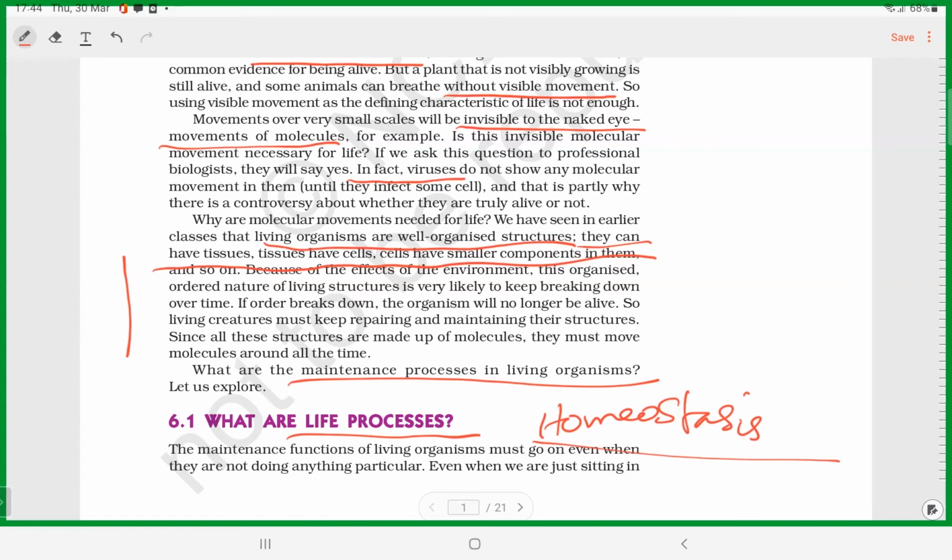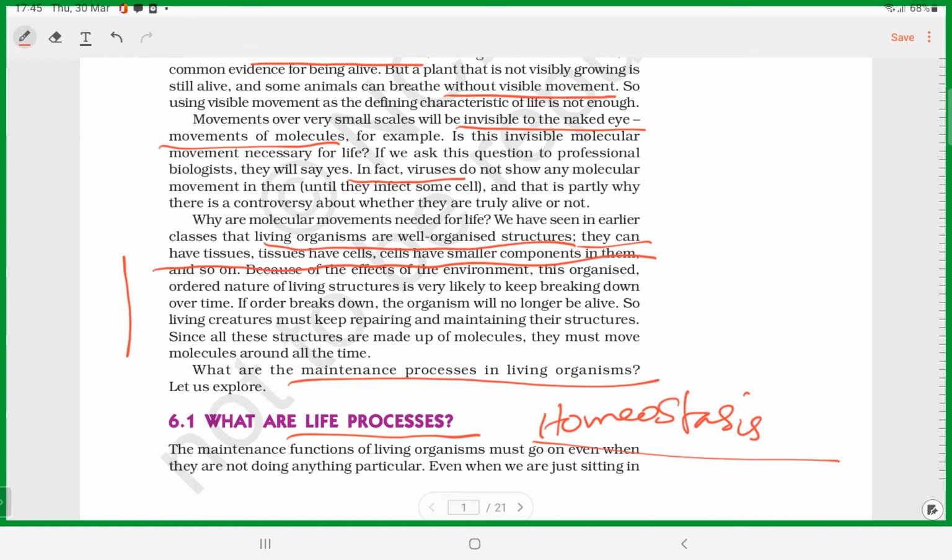That is what we discussed, right? We insisted much on these maintenance processes with examples. Temperature, how it is maintained, pH, how different body fluids differ. Nutrient, what is the sugar level? Water level in the body. This is what we discussed in yesterday's class. Fine. So this we revised just for you.